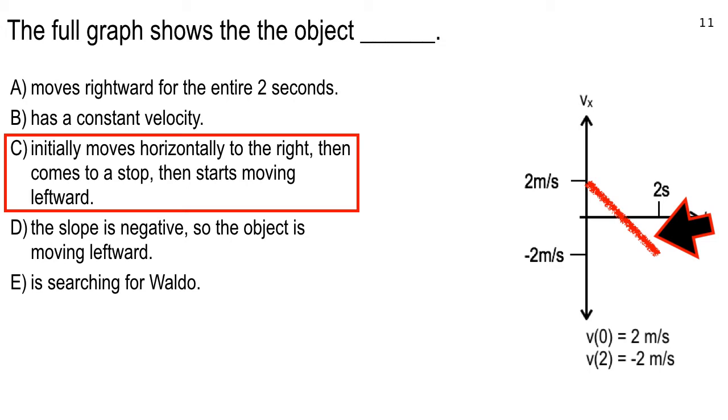Now, if you think about it, if you're walking to the right and later you're walking to the left, that means you have to stop, turn around, and change your direction. And that happens right here. So this crossing point where the graph crosses the time axis, that's where v equals 0.